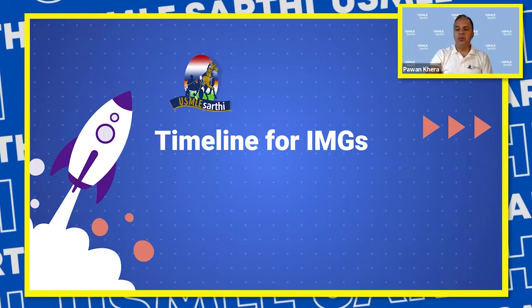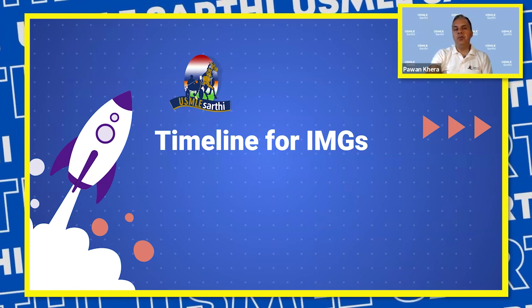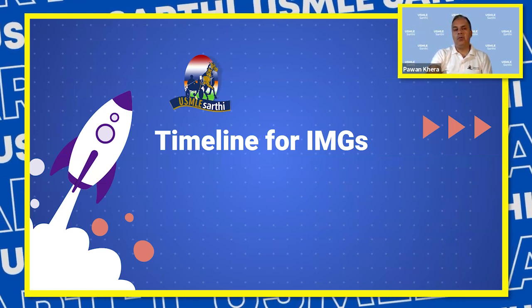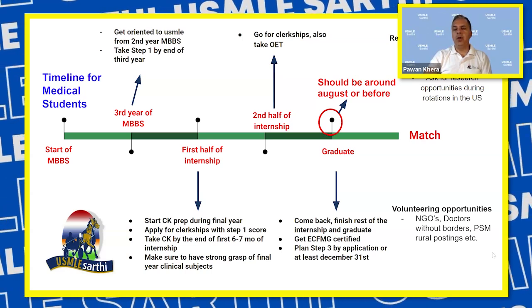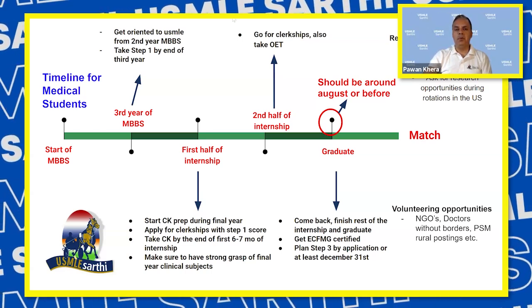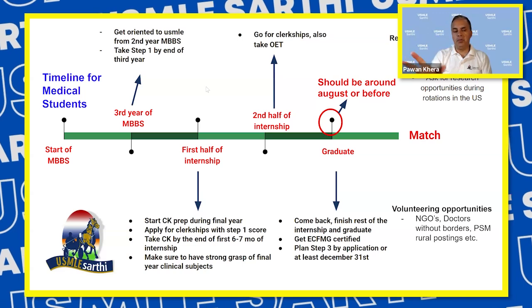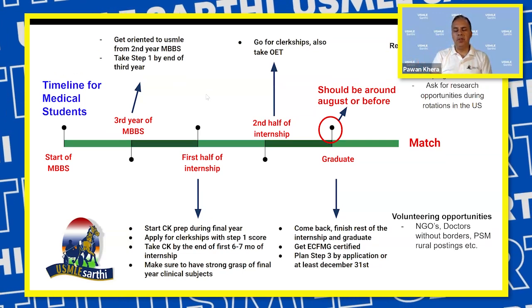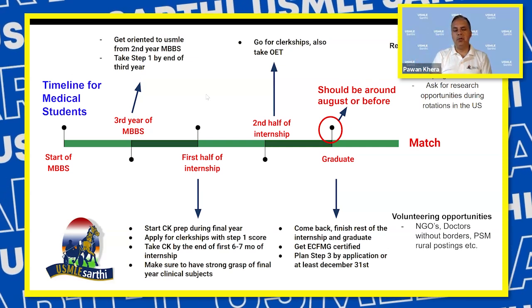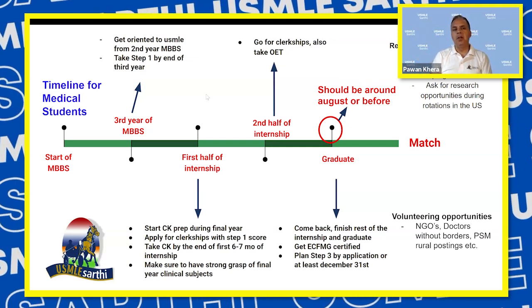Okay. So then the other questions which we saw you had was around the timeline. Now this is, again, for those of you who are students, a kind of a timeline. We do have videos on this also, but the screen was too cluttered, so I thought I'll not put the link and Aarti can put the link.